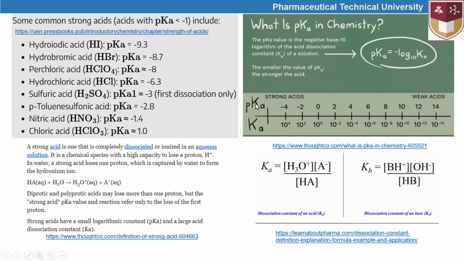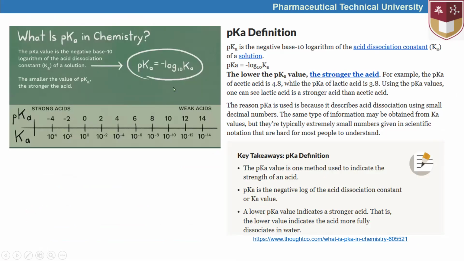We are talking about pKa. Now we are coming to the previous page. pKa is the negative base 10 logarithm of the acid dissociation constant.